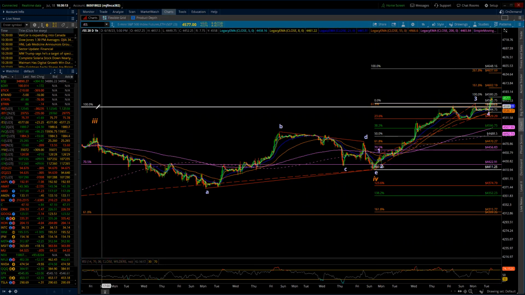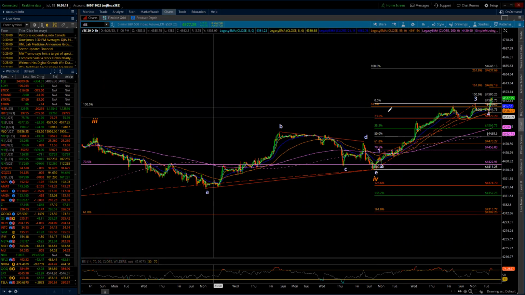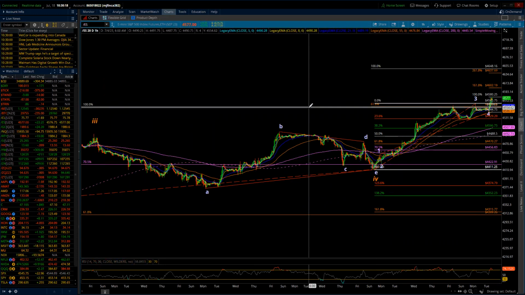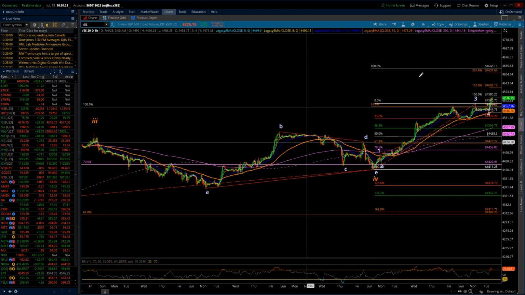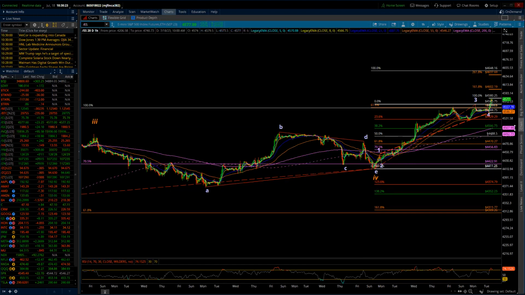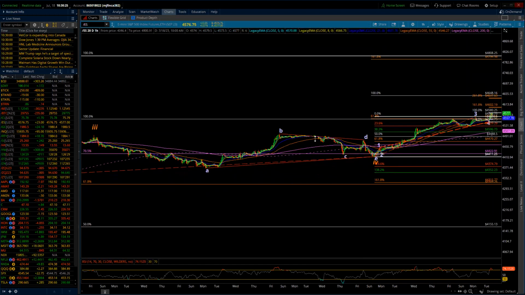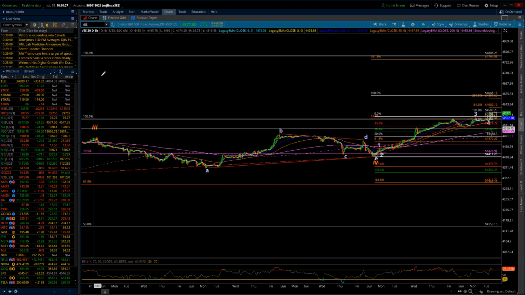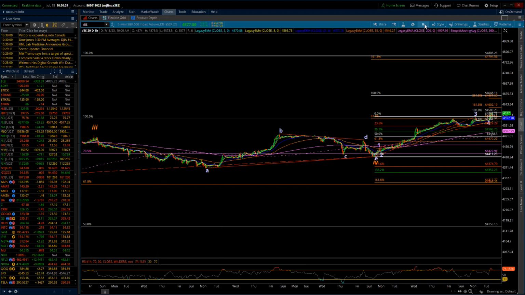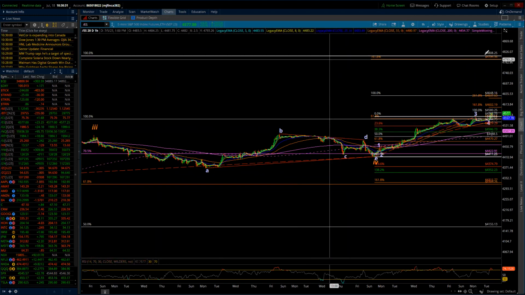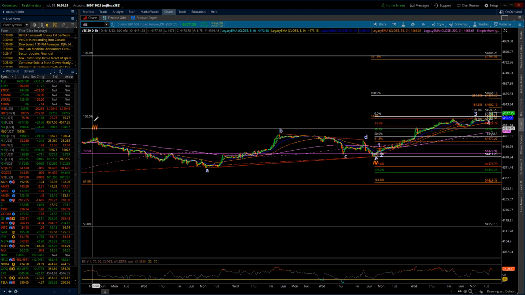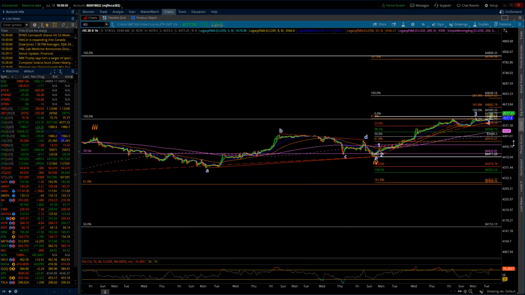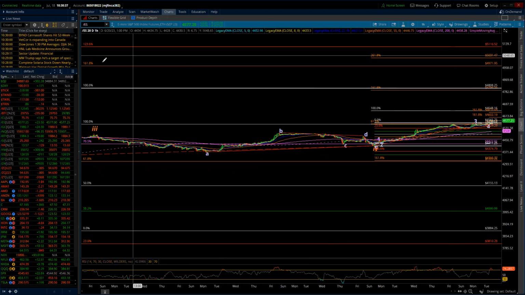We've already surpassed 100%, and so we're meeting all of the requirements for the C wave, because we've already gone past one, its next line in the sand is actually going to be much higher. That's the all-time high.